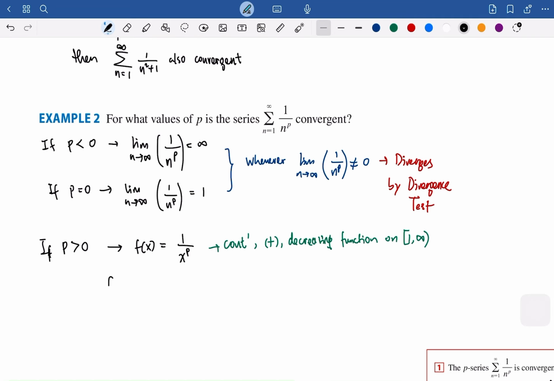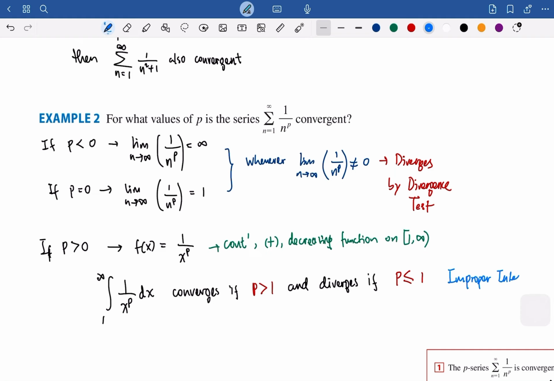I will just write that if we have this form, this converges if p is greater than 1 and diverges if p is less than or equal to 1. This is from the improper integral.